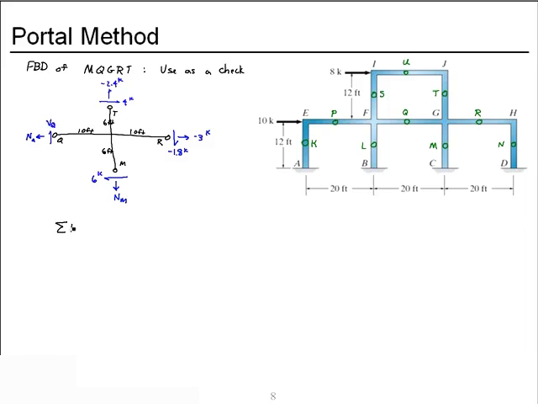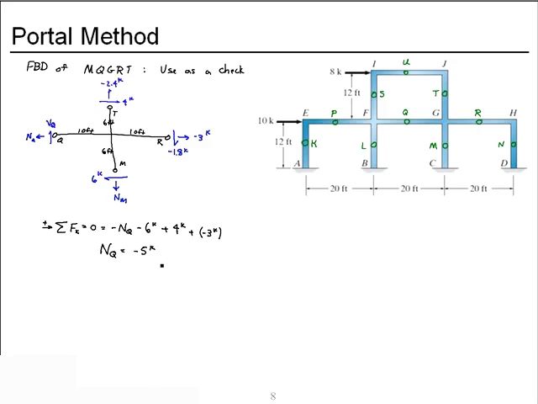So let's sum forces in the x direction. I'll choose to the right to be positive. We have a negative contribution from the normal at Q, negative contribution from the shear at M, positive contribution from the shear at T, and drawn in the positive direction but a negative magnitude is the normal at R. Therefore, we calculate the normal at Q to be minus 5 kips.